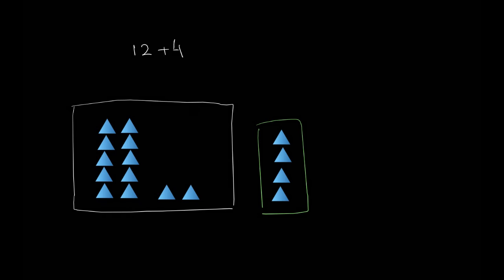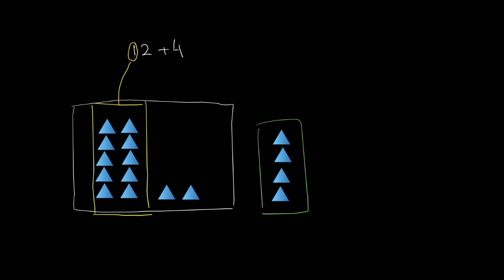Well, the way we want to think about it is that we already have a box of 10 right over here. So this is a box of 10 blue triangles. And now we have 2 extra, and again I'm reminding you this one is representative of this 10, and the 2 over here are represented in the ones place.